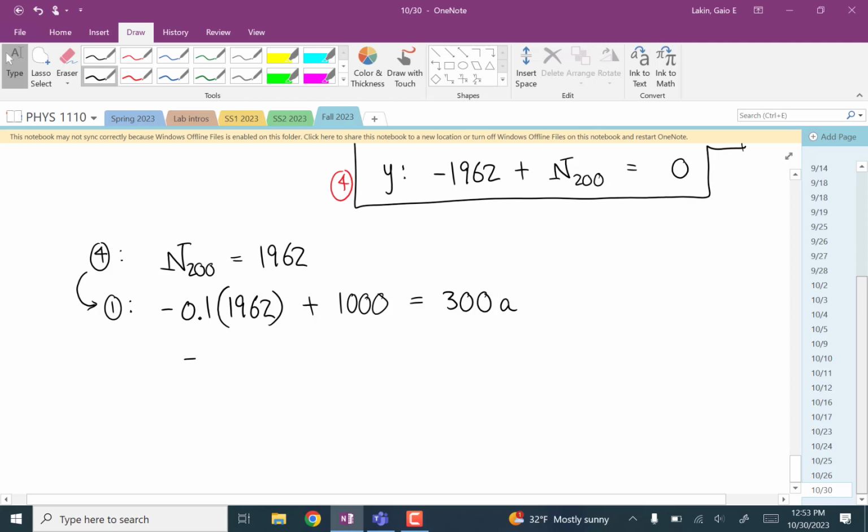So negative 196.2 plus 1,000 is equal to 300A. And so A is equal to, that's 803.8 divided by 300.